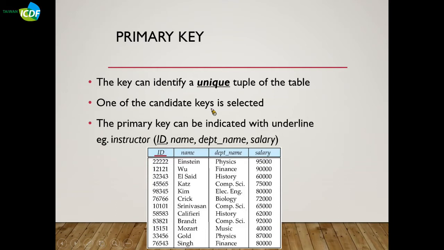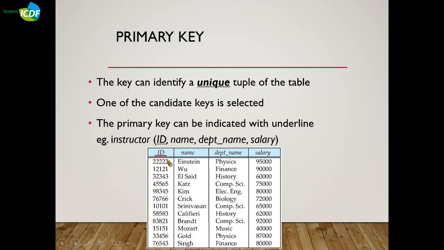After the candidate key is determined, the primary key can first be used in data queries by users in the future, so that it can speed up data queries. And these primary keys can usually be indicated with underlines. For example, if ID is the primary key of the instructor table, it can be underlined along with the attribute ID.